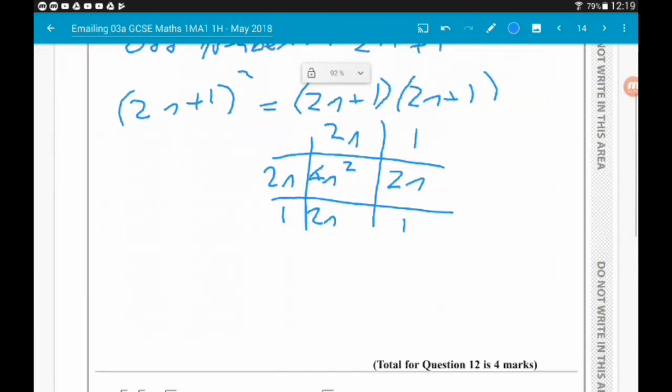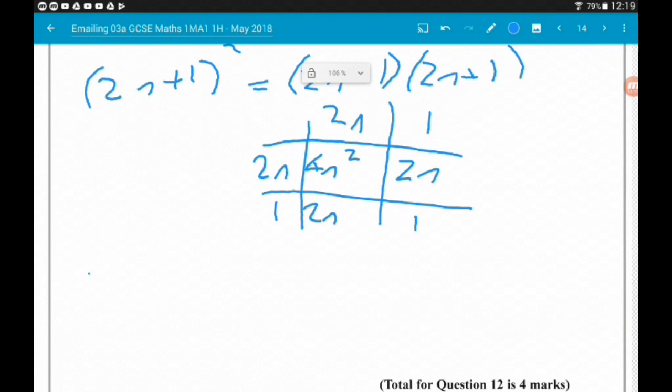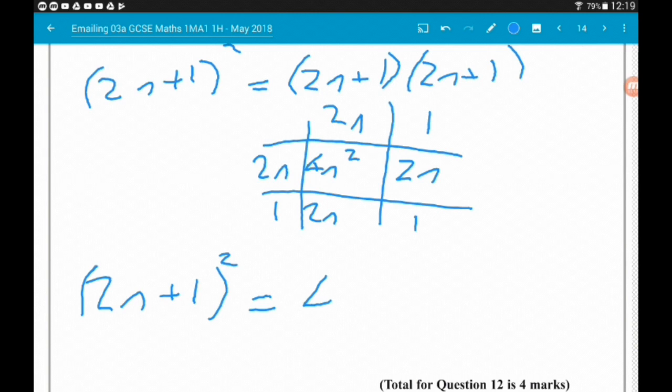So we can now say then 2n plus 1 squared, our odd number squared, is 4n squared plus 4n plus 1.